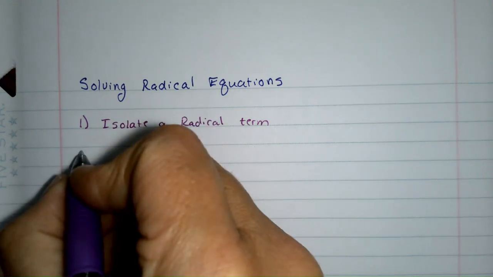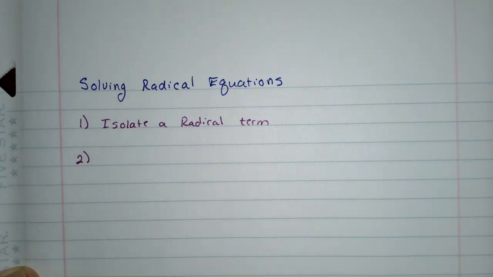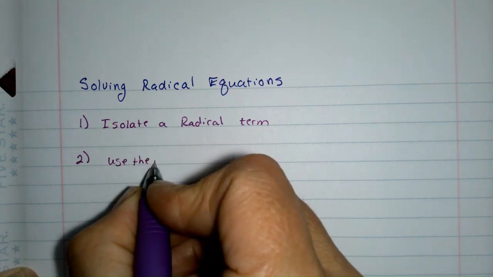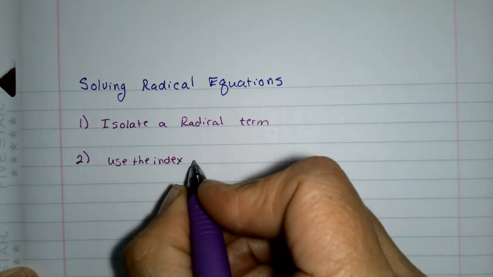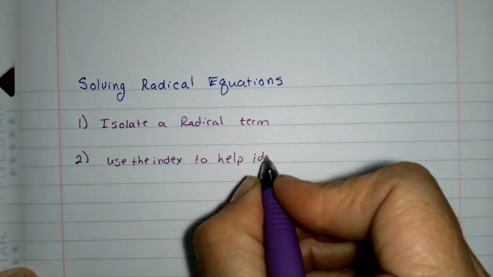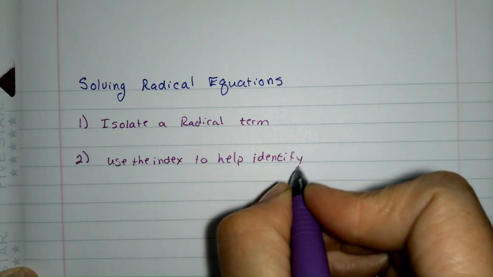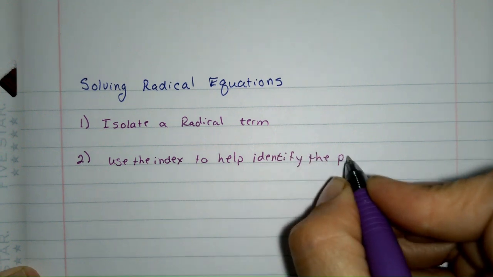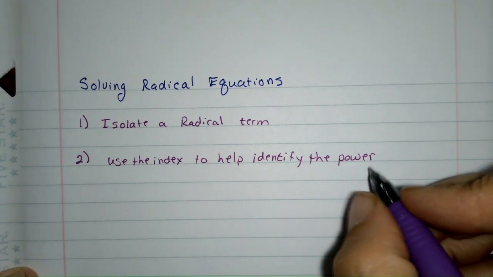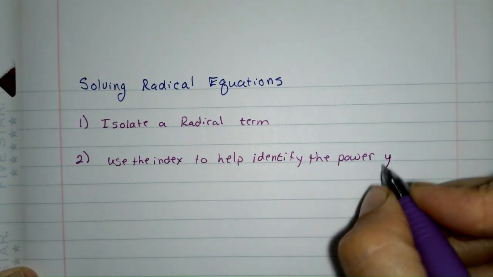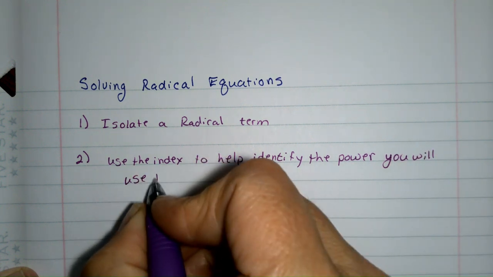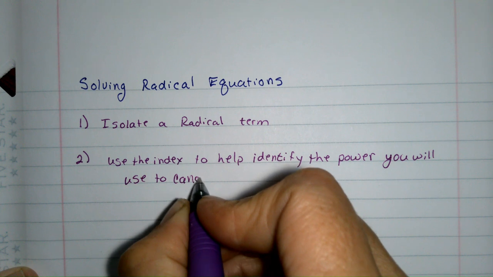Okay. Step 2, you are going to use the index to help you identify the power that you're going to utilize. And what you're going to do is raise both sides to the power. And that will help you cancel that radical.